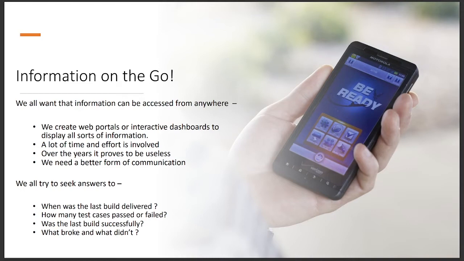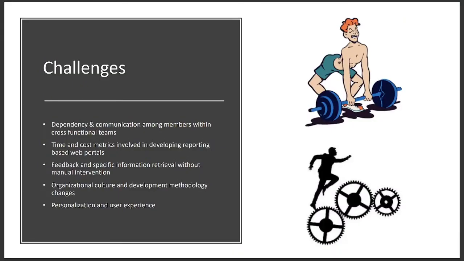So moving on, as software developers, or even as software professionals, we all want information to be on the go. What do I mean by this? We all need information that we can access from anywhere, be it mobile or web, so that we can do certain tasks based on that.